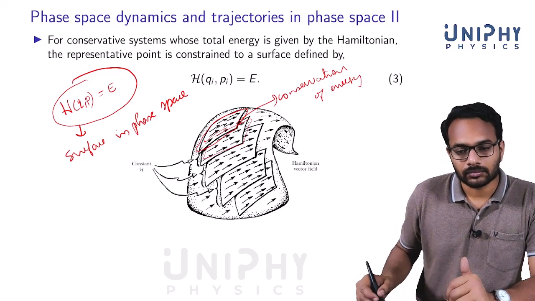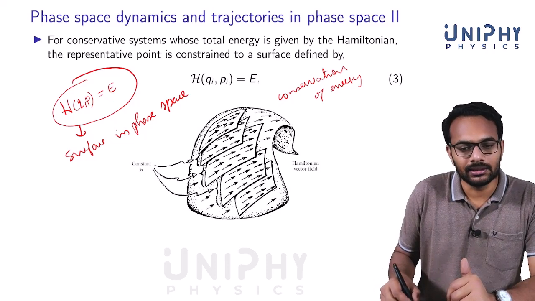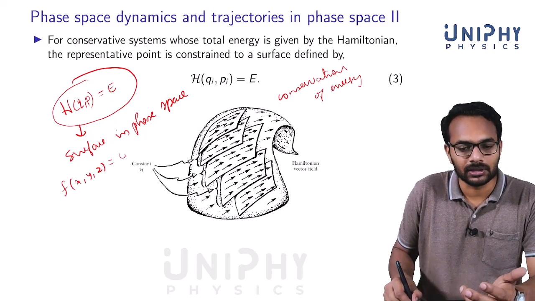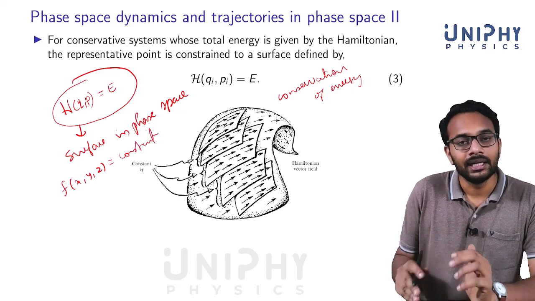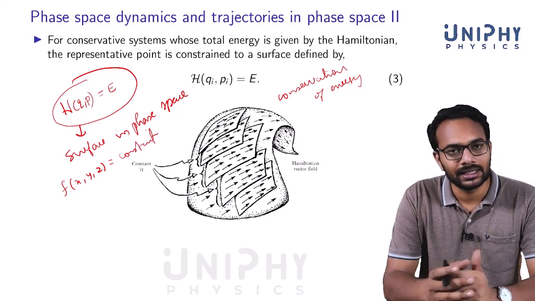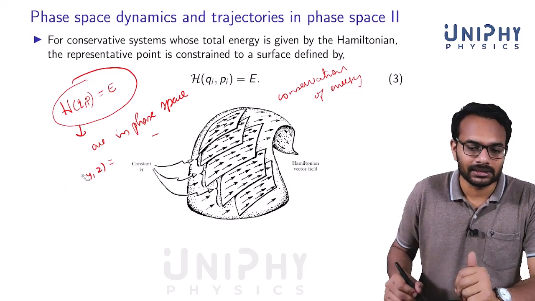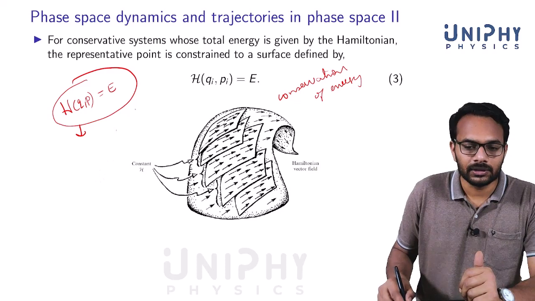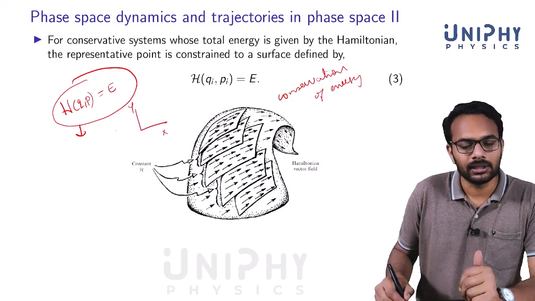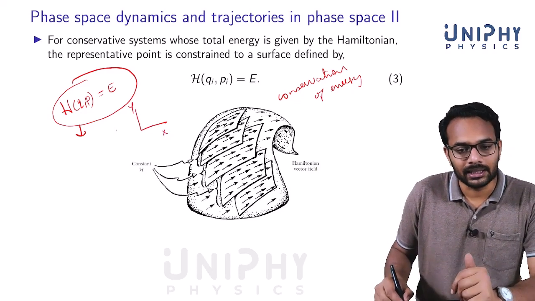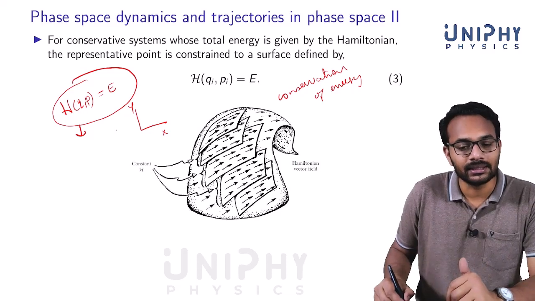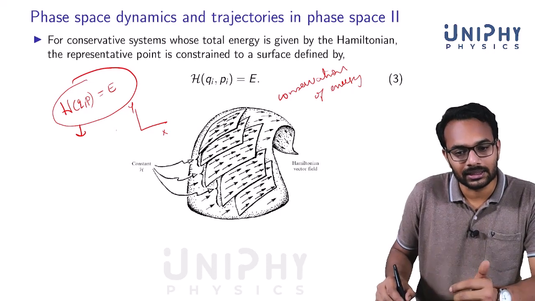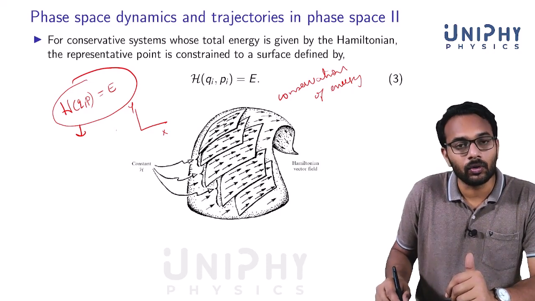Usually surfaces are defined in this way, f of x comma y comma z is equal to some constant. This is a general equation describing surfaces. You can check these things. For example, if you just take the xy plane, let's look at a simple relation like x is equal to constant. We know that x is equal to constant for all values of y.